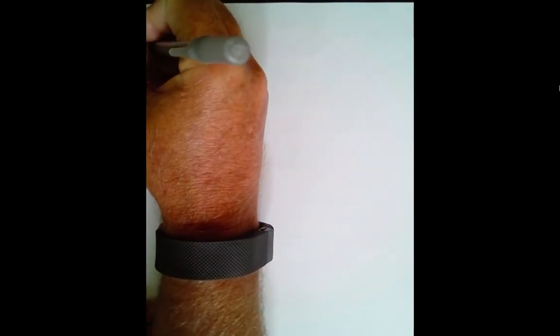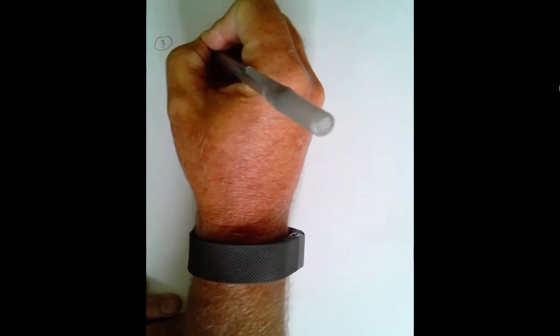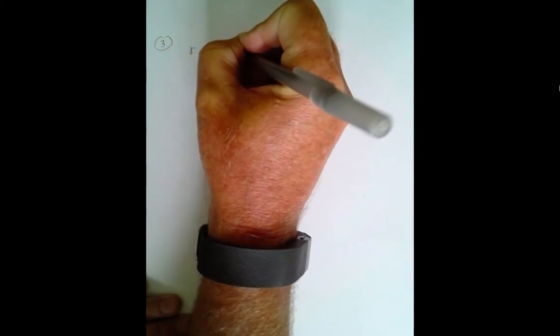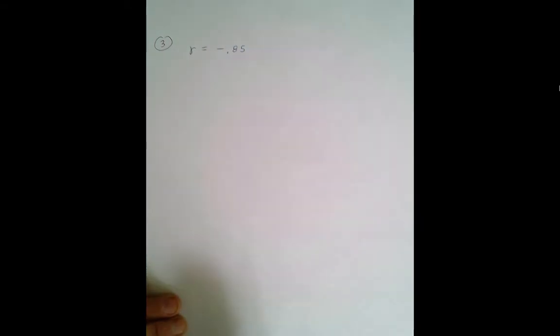But guys, there's a follow-up measurement to R, which is called R squared. And it turns out that calculating R squared, if you're given R, is very easy. So in the previous problem, we said that R was negative 0.85, and I just took a stab at it, but I think that's going to be very close.